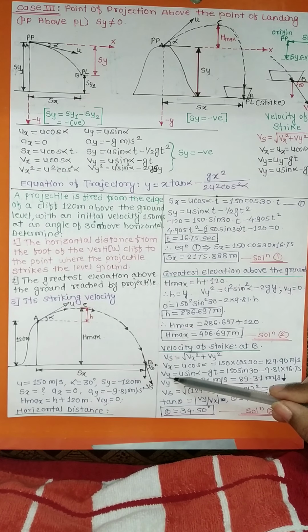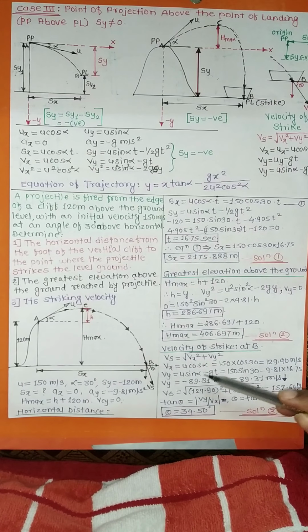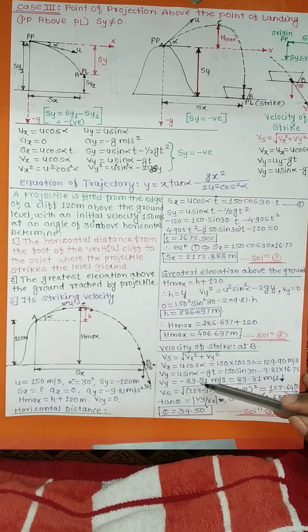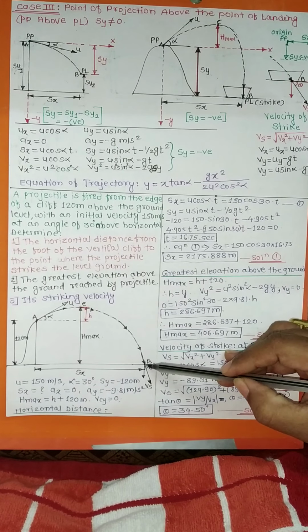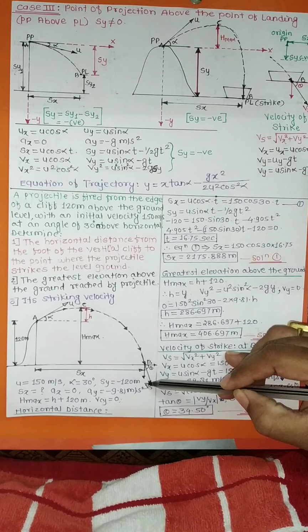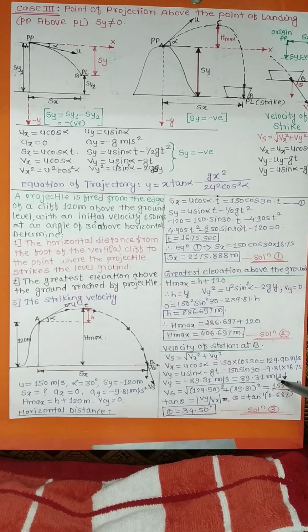Velocity along the y direction varies, therefore it is defined as u sin alpha minus gt. By substituting the values of all the terms in this equation, we get Vy equals minus 89.31 meter per second. It means that the component of velocity along the y direction is in the downward direction, therefore the sign comes as negative. It is defined as 89.31 meter per second.